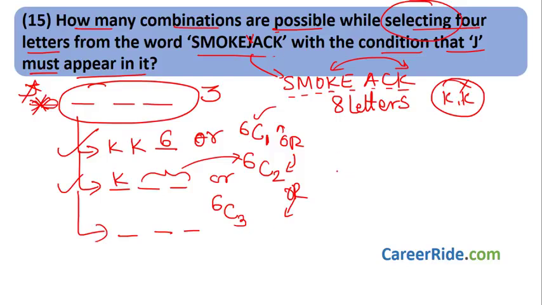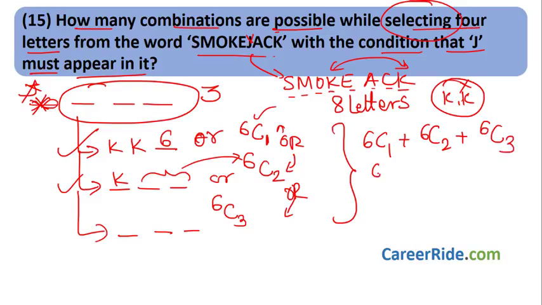Okay, so what are the total possible ways or total possible combinations? 6C1, or we can have 6C2, or we can have 6C3. This is nothing but 6 factorial upon 1 factorial multiplied by 5 factorial plus 6 factorial upon 2 factorial into 4 factorial plus 6 factorial upon 3 factorial into 3 factorial.